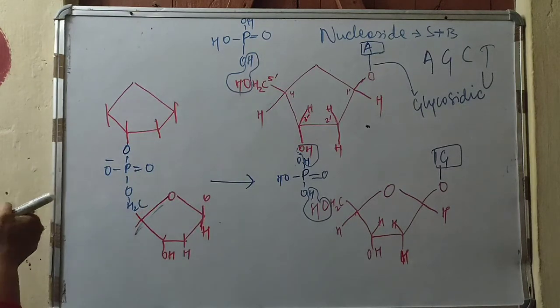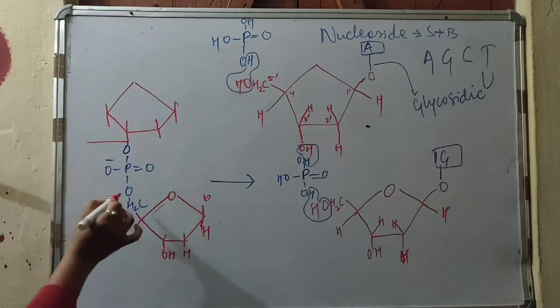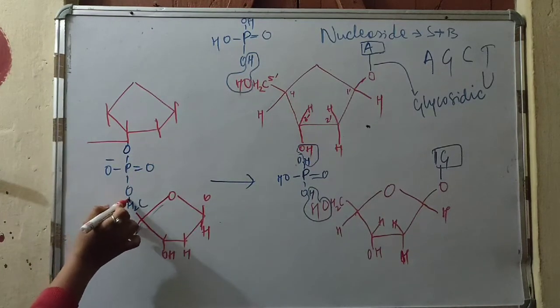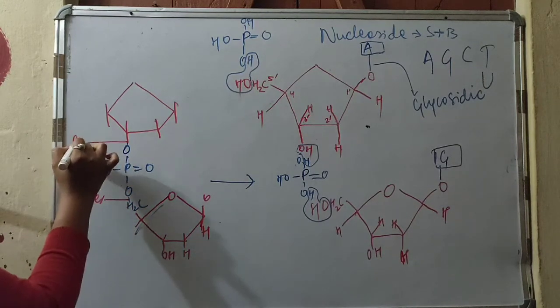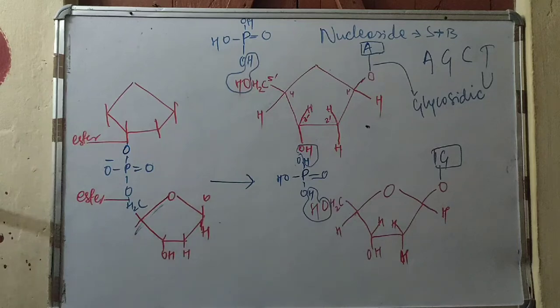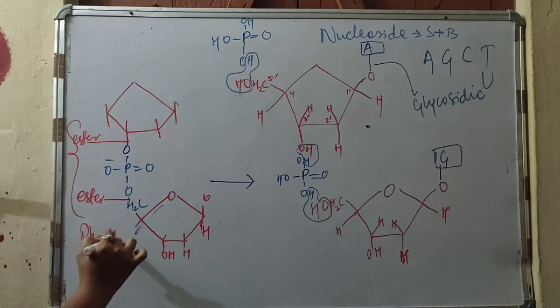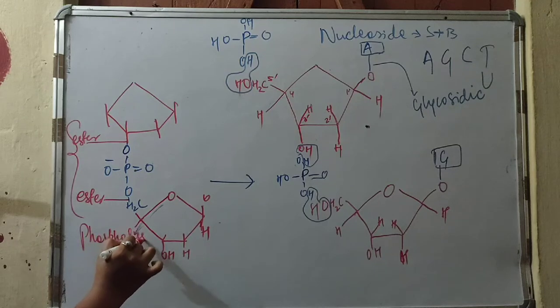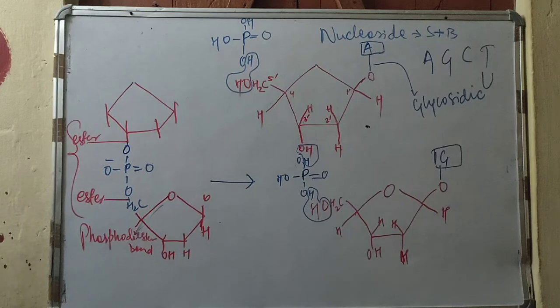Can you see? This part and this part is joined by a phosphate, and this part and this part is also joined by a phosphate. Two ester bonds, hence making a phosphodiester bond. Got the thing?